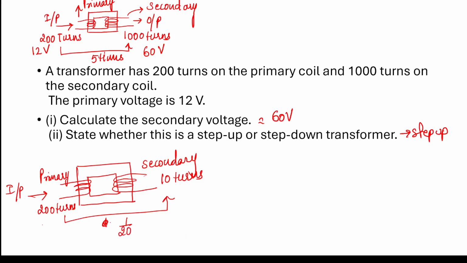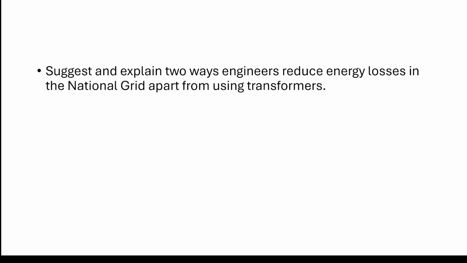If the input voltage is 6,000 volts, the output voltage will be 6,000 divided by 20, that is 300 volts. Whatever happens to the number of turns, the voltage gets multiplied by the same ratio. Okay, let's do one more question.